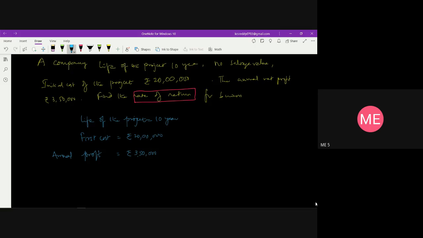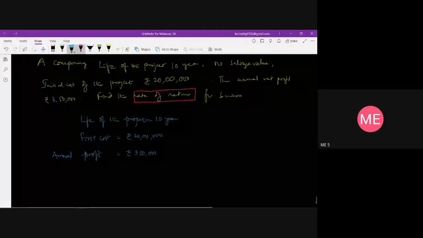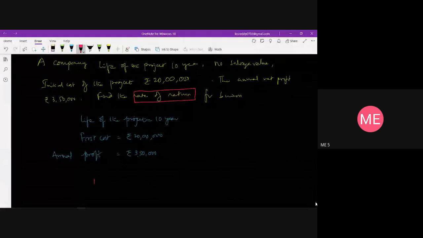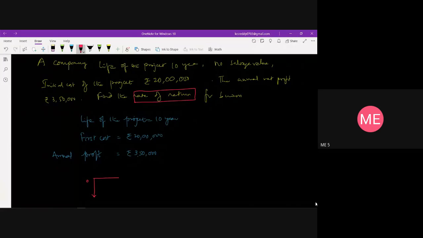If I draw the cash flow diagram for the given data, there is an initial cost at time equal to 0, which is rupees 20 lakhs. Then at the end of the first year there is a revenue, so we draw it upward.